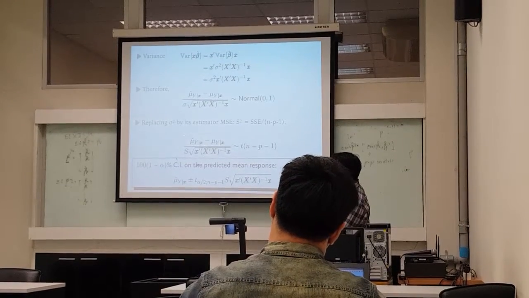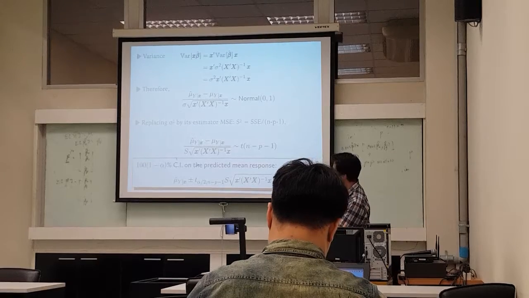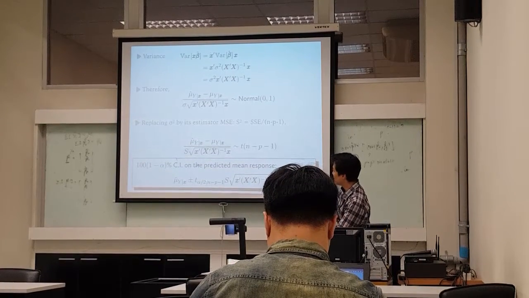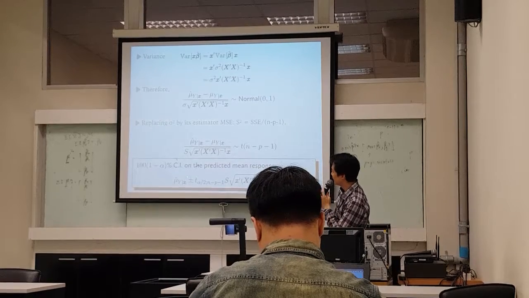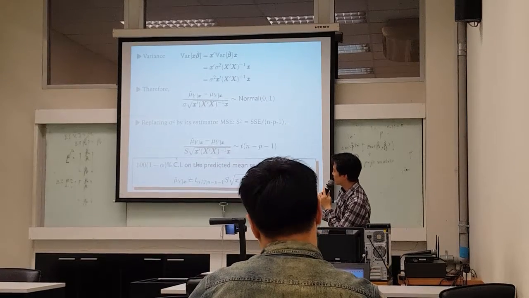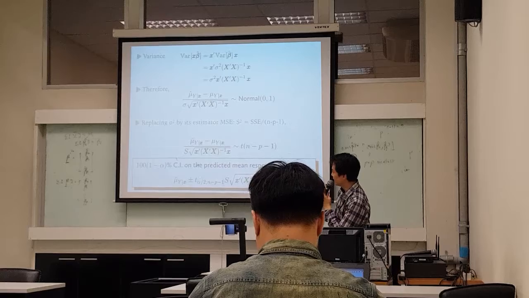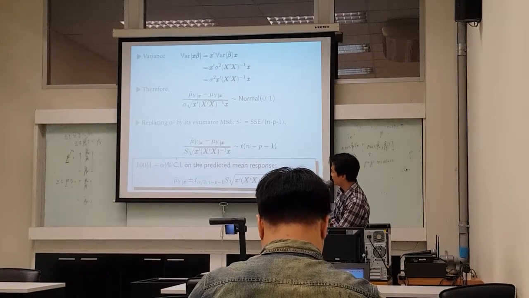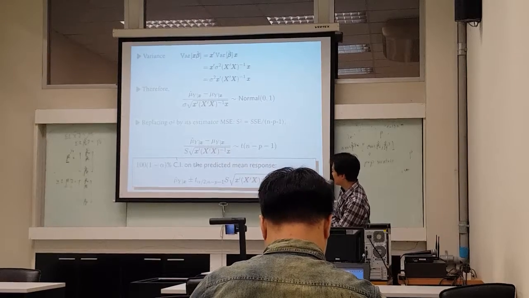So the confidence interval on the predicted mean response is given by this: the predicted mean plus or minus a scale value multiplied by this error term.